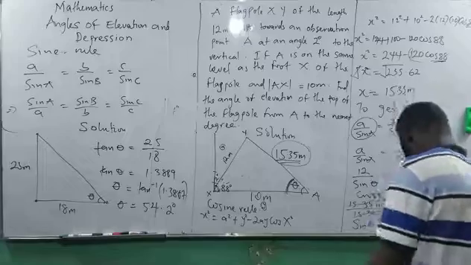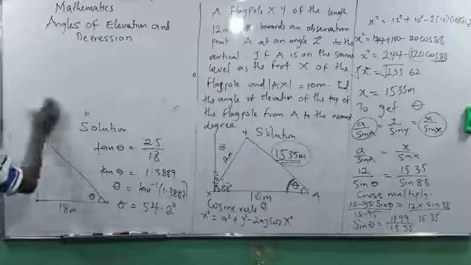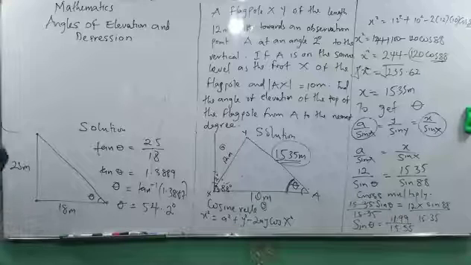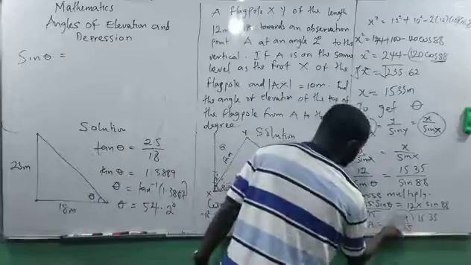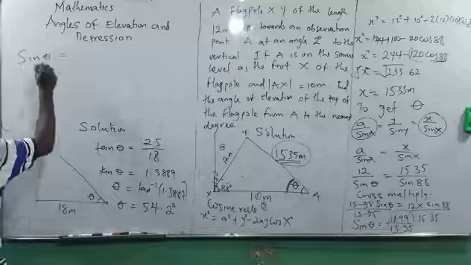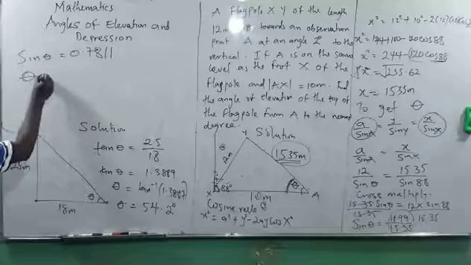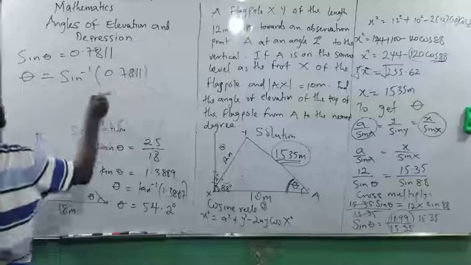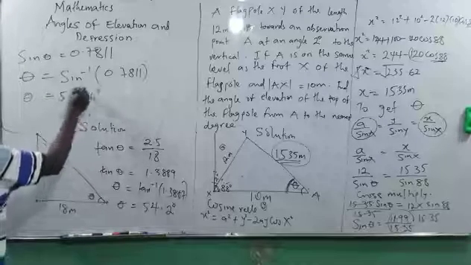Now, permit me to rub this side, please. Now, at this junction, it means sine theta equals, I'm coming from there, when I divide, I'll have 0.7811, which is going to be theta equals sine inverse of 0.7811, which gives my theta equals 51.36.